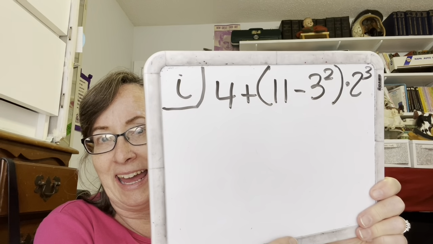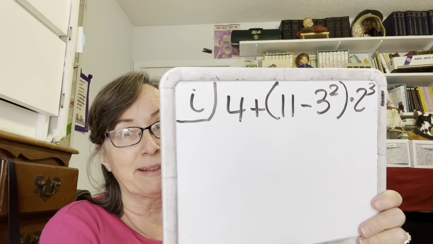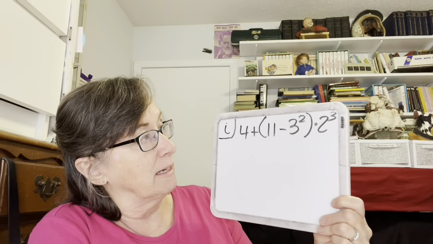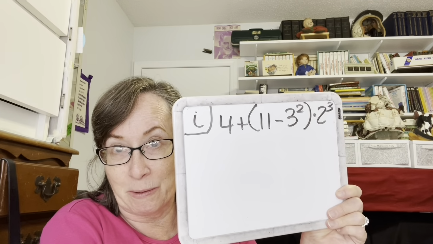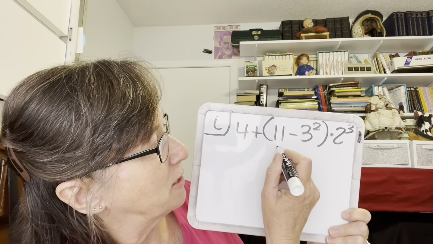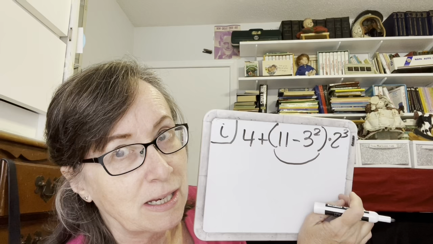Okay, so now we are doing I. And I has lots of stuff. It has a parenthesis, and then it has an exponent. In fact, it's got 2 exponents in it. So let's start. PEMDAS. Please means we're going to do what's inside the parenthesis first.